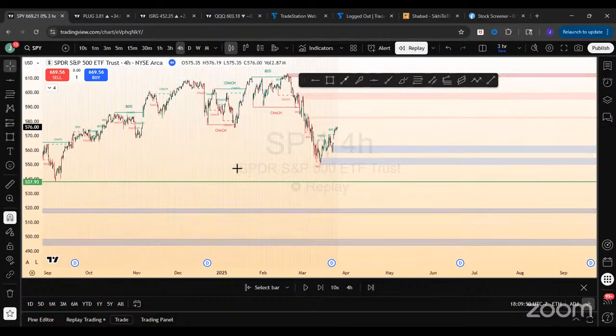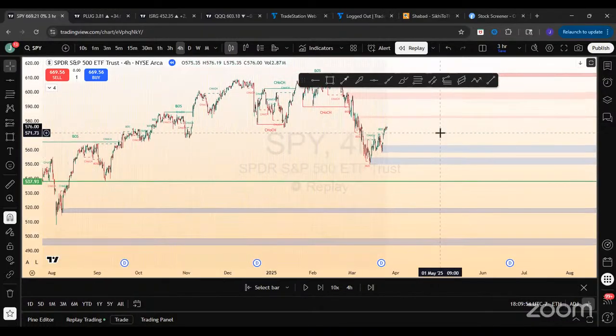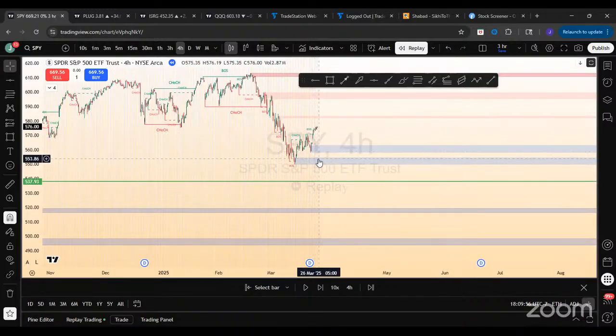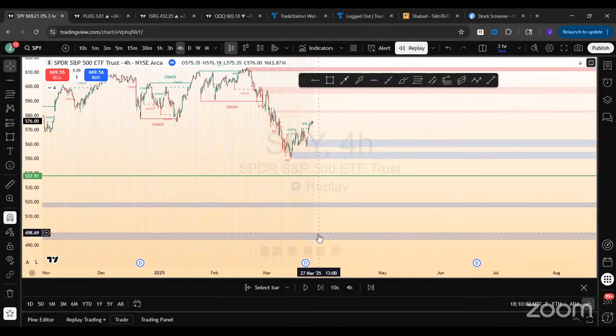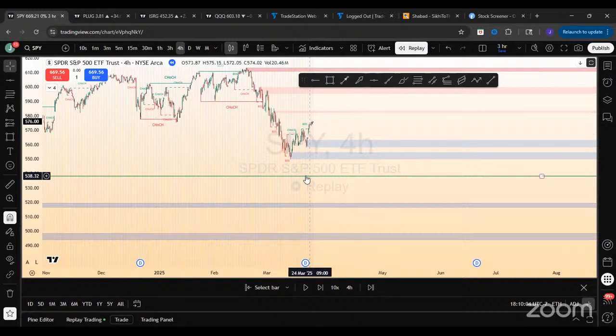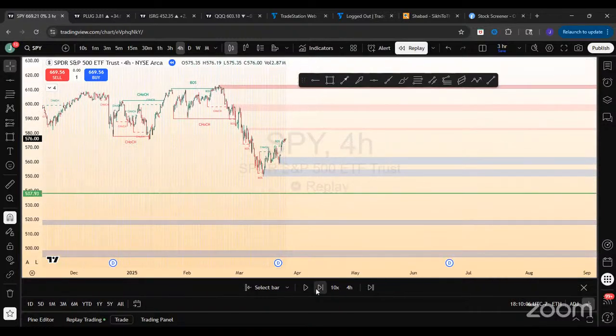At this time, I'm in March, and it's showing you a couple of bullish order blocks, and a couple more back down here. Then I have my support level.